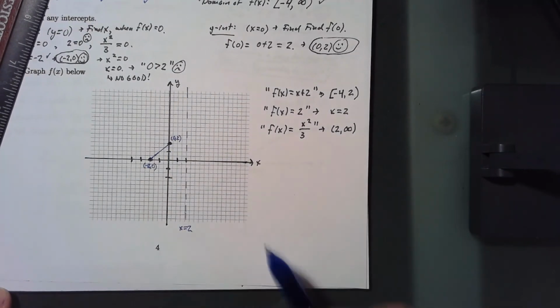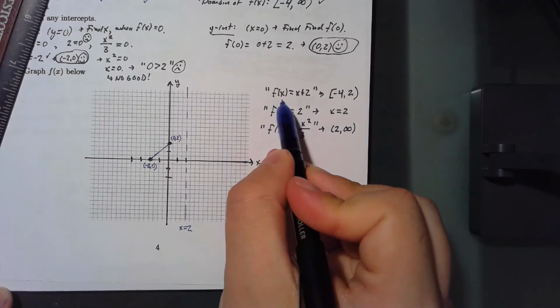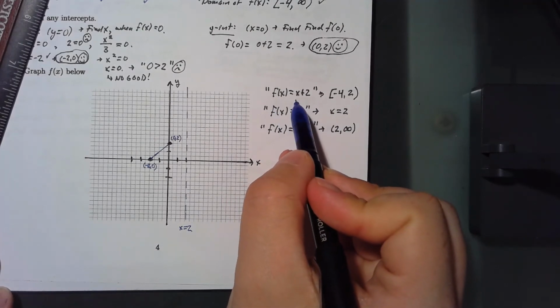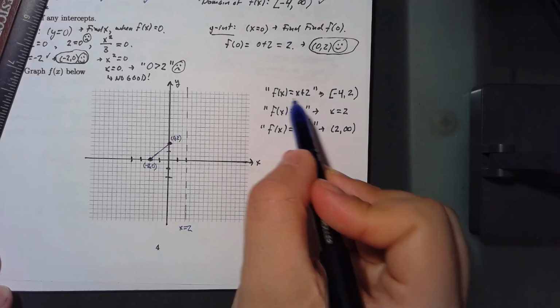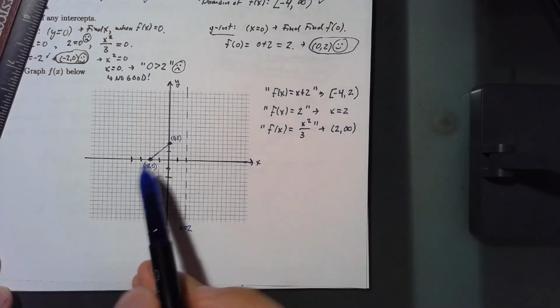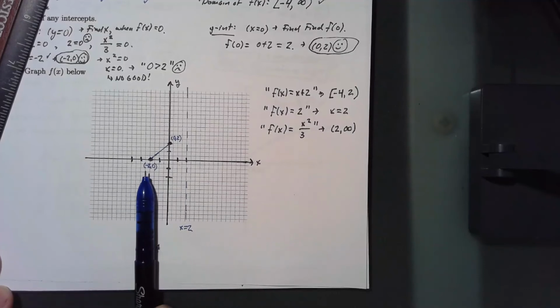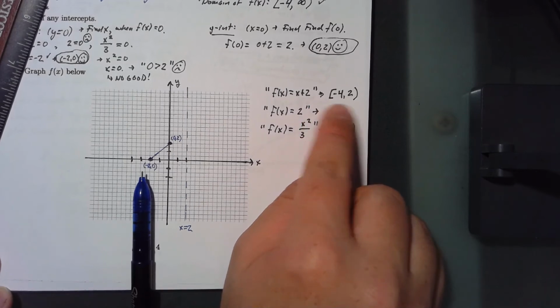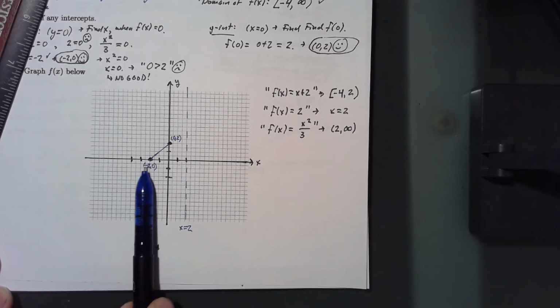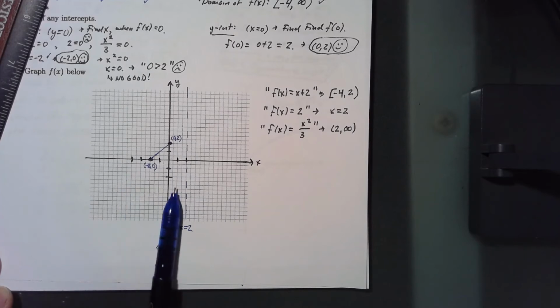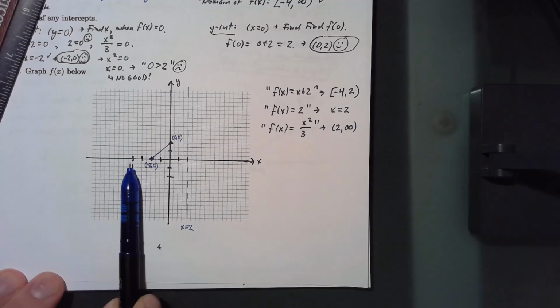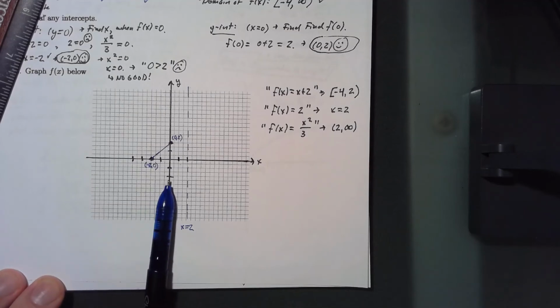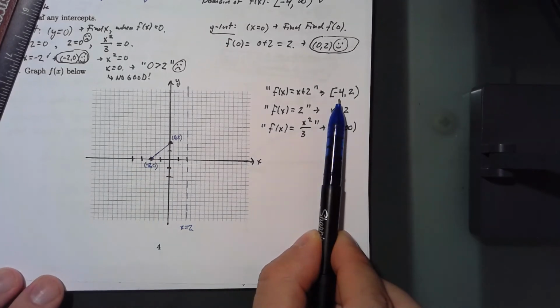Now, I know that f of x equals x plus 2 is part of the graph from -4 to 2. At this point I'm at x equals -2, but my interval for this part is from -4 to 2. So I could go out to -4 and down to -2. This point is -4 for x, and -2 for y. The leftmost value here is -4 for x.